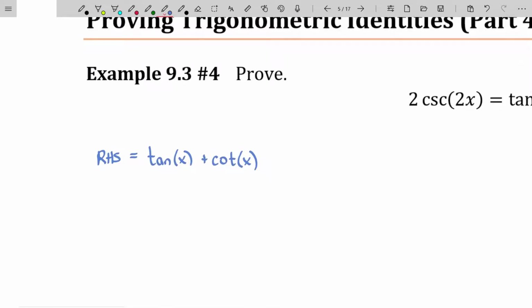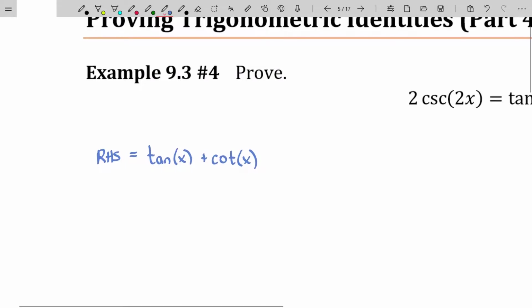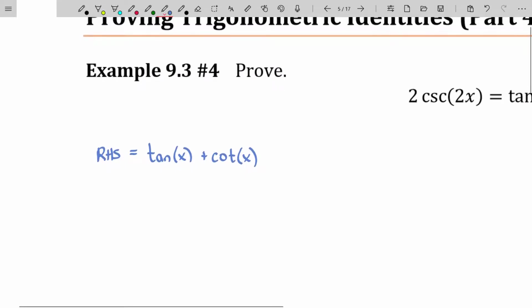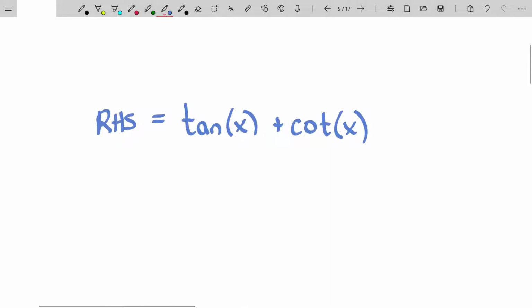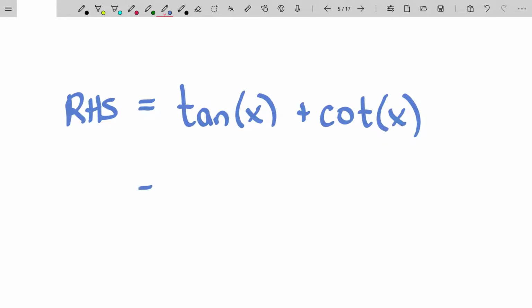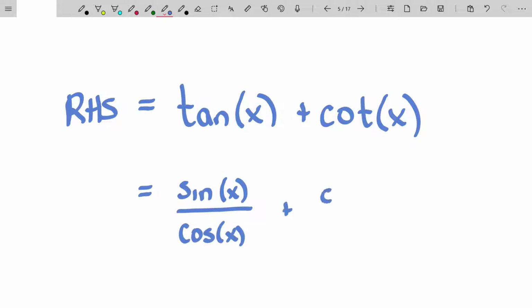Well, I know cosecant involves sines, right? It's 2 over the sine of 2x. So I'm going to trade out these tangents and cotangents for sines and cosines. Just a good idea. So I'll write this as sine of x over cosine of x plus cosine of x over sine of x.